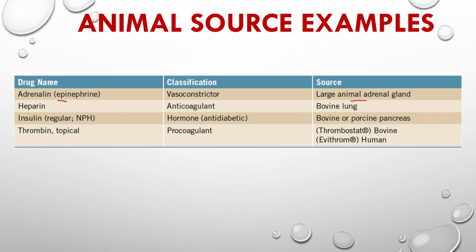Heparin is another example, from bovine or cow lungs. Insulin, for example, a lot of it is biotech, we'll talk about it here in both, but sometimes it's taken from cows or pigs, from their pancreas. In that situation, it would be an animal source.